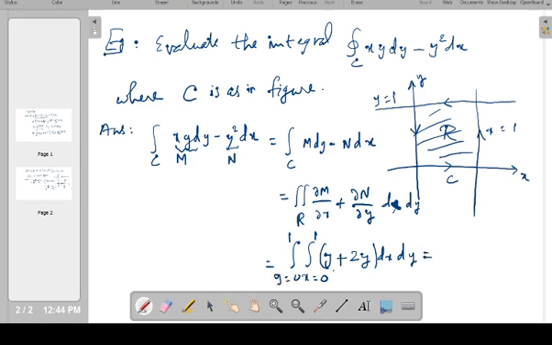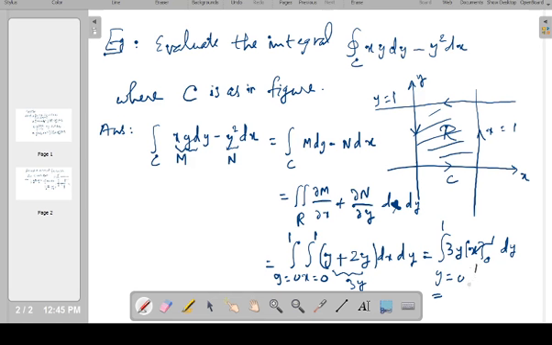So you will get y plus 2y is 3y, and you are integrating first with respect to x. So y is taken as constant. So 3y into x between the limits 0 to 1. Then you integrate y from 0 to 1 dy, and x evaluated between 0 and 1 is 1 minus 0, so this is going to be 1.